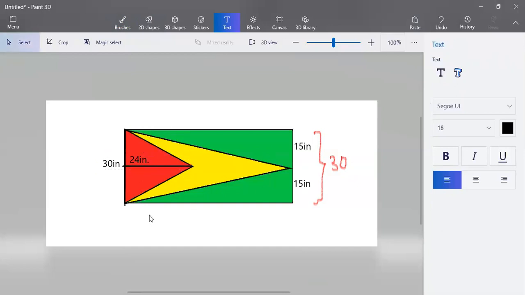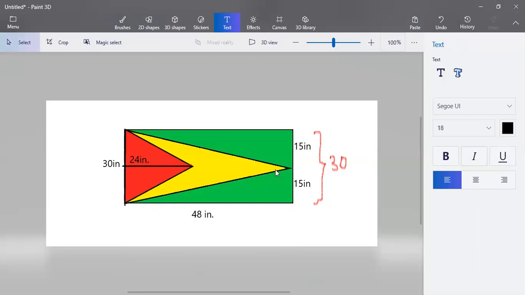Now what about the bigger yellow triangle? Again, the base is going to be the same, but the height is not going to be the same. Why? Because the height of the triangle is from here till here, and they have given us 48. The length of the rectangle is 48 inches, so from this point to this point it is 48.